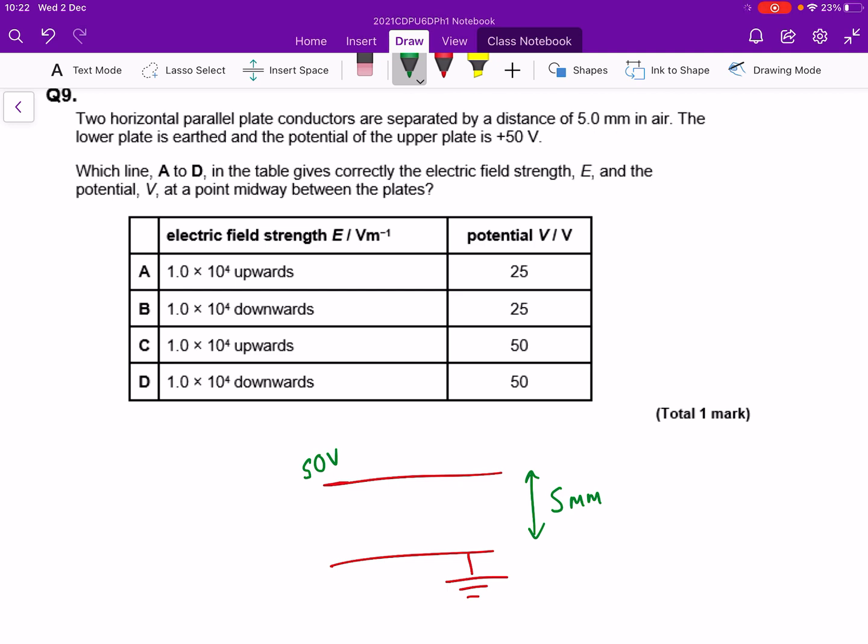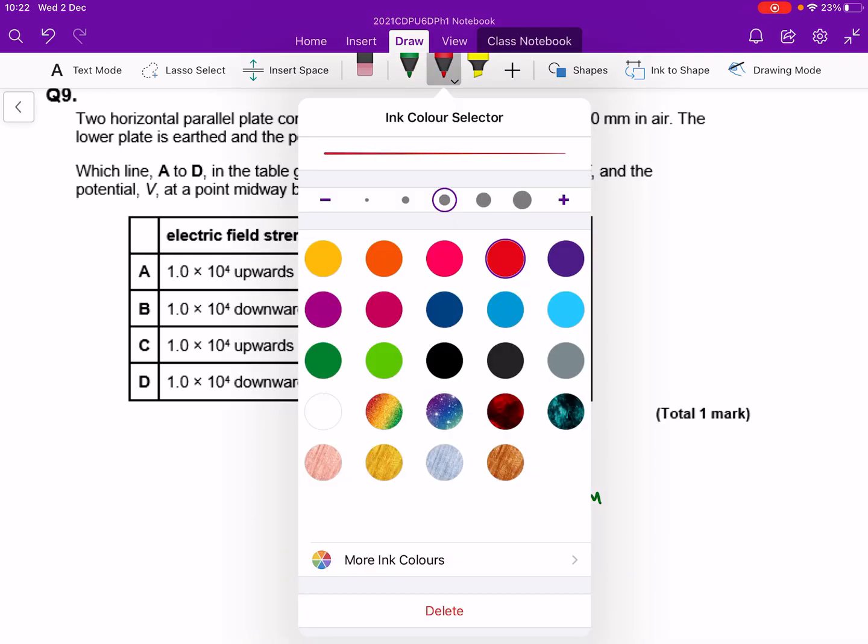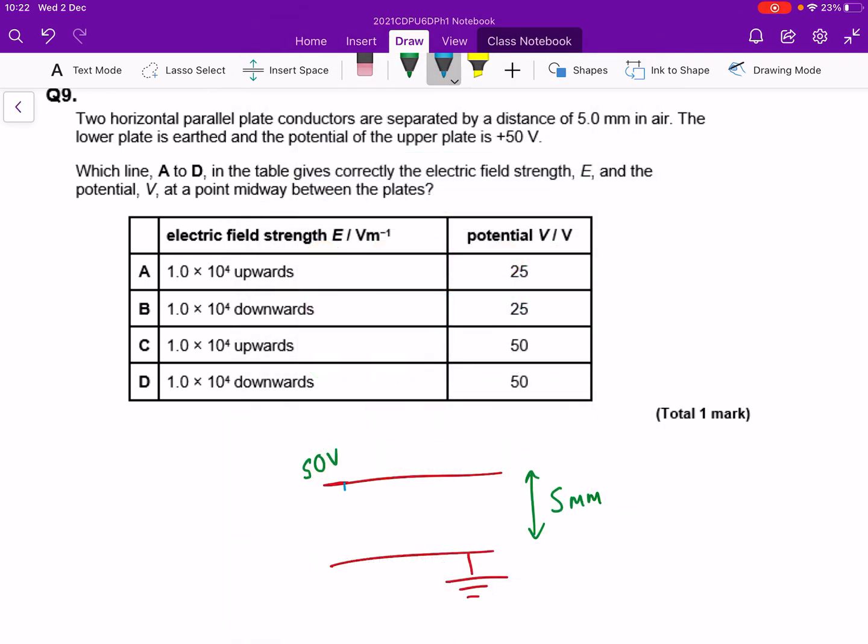Okay, so if we drew the field lines on, they're going to look something like this. It's a uniform field. So hopefully what you can remember is that the electric field is going to be constant, and it's going to be given by E equals V over d. So the potential difference is 50, because the bottom plate, because it's earthed, is at 0 volts.